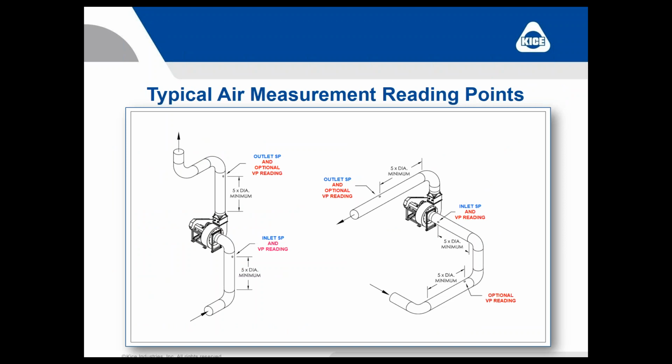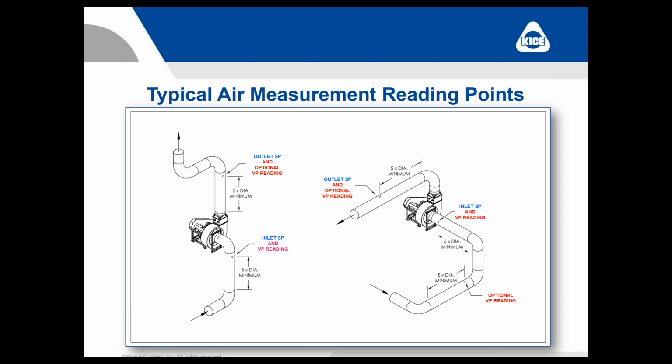Typical air measurement points: I've highlighted several spots where you can get your outlet static pressure and a velocity pressure reading. If you look at the diagram on the left, it says 5 times the diameter minimum. The one on the lower left, after a 5-times-diameter straight run, is a good spot to measure that inlet static pressure and the velocity reading. On the right, the first one is after an elbow, after the fan.